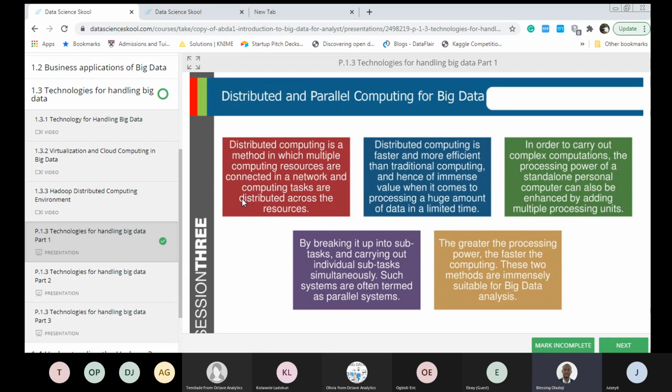Now, for you to be able to perform very complex computation, the processing power of all of these different computers that are connected within the network is aggregated in a way that it enhances the computing. So for the car example that I gave, you bring 200 cars, so you can share the resources of those 200 cars to convey 1,000 people to Ibadan.